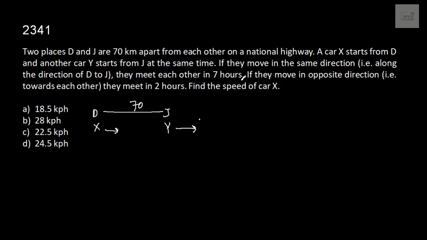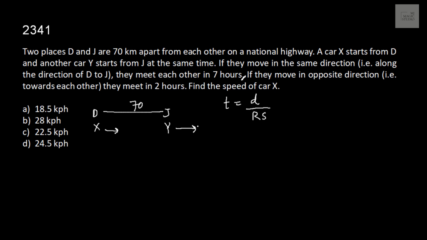Great. Now we can see that the distance between X and Y is 70 kilometers, and to cover this distance of 70 kilometers, the time taken by car X is 7 hours, that means we will use the relative speed concept here. Time to catch is given by the initial distance between the two divided by relative speed.